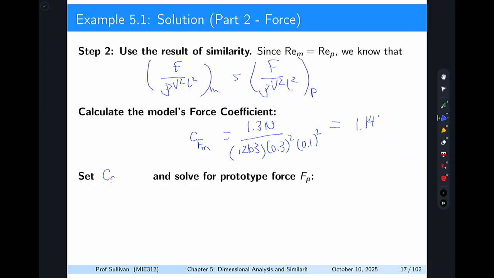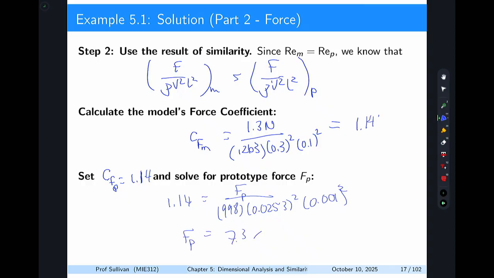And so if we set CF of the prototype equal to that of the model, 1.14, we can say 1.14 equals force of the prototype over 998, 0.0253 squared, 0.001 squared, and force of the prototype is equal to 7.3 times 10 to the minus 7 newtons.